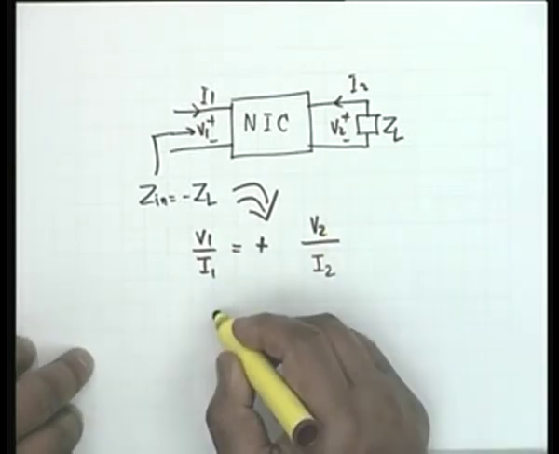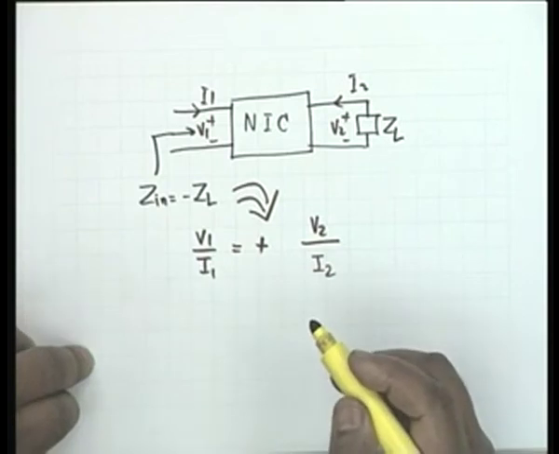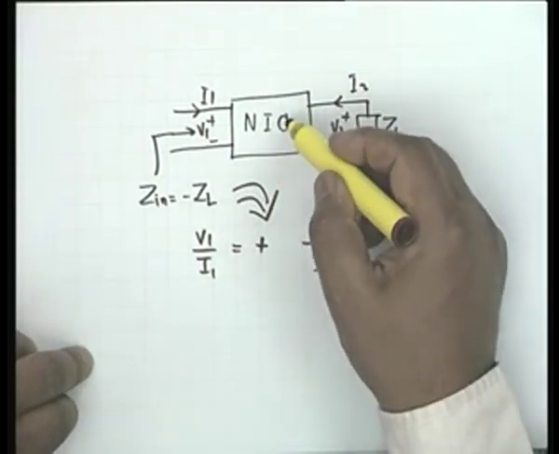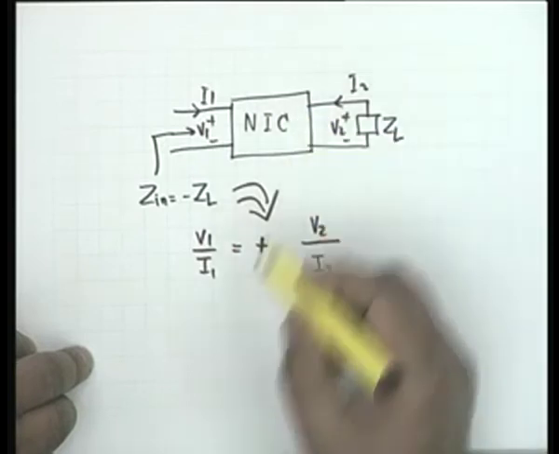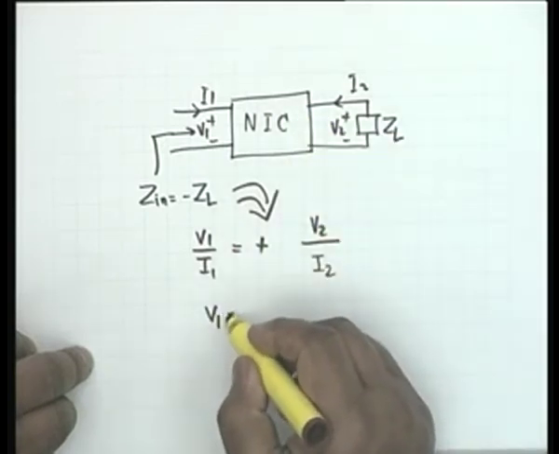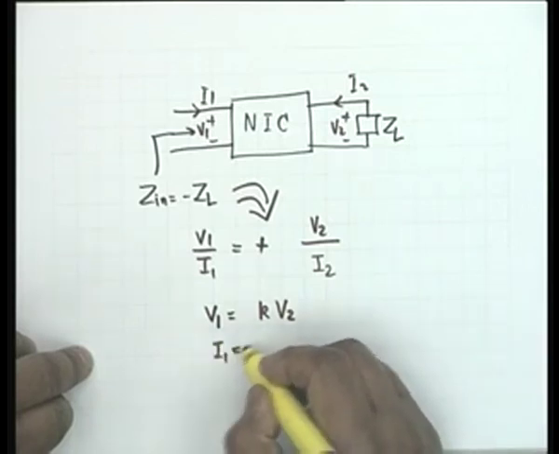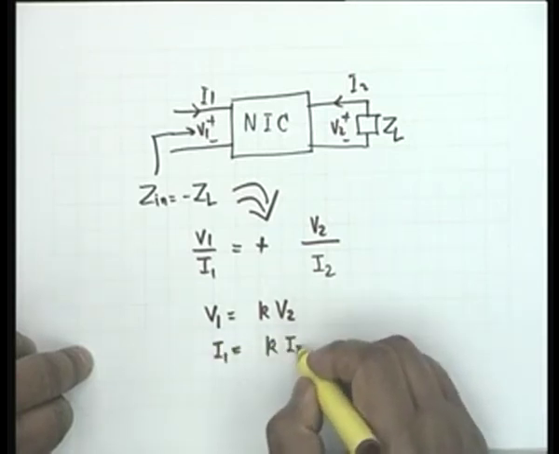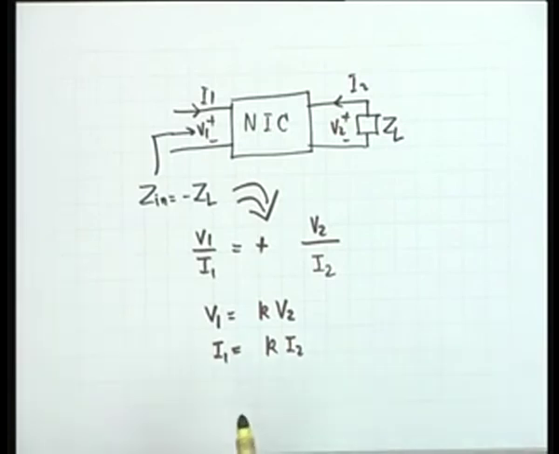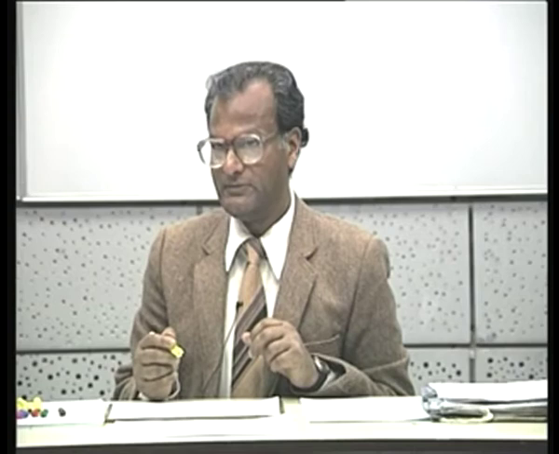Obviously, this relation can be satisfied in many ways, and the way that it is usually tried to be satisfied in an NIC is that V1 is proportional to V2, and so I1 is proportional to I2. If V1 is K times V2 and K is a constant, then I1 must be equal to K I2.